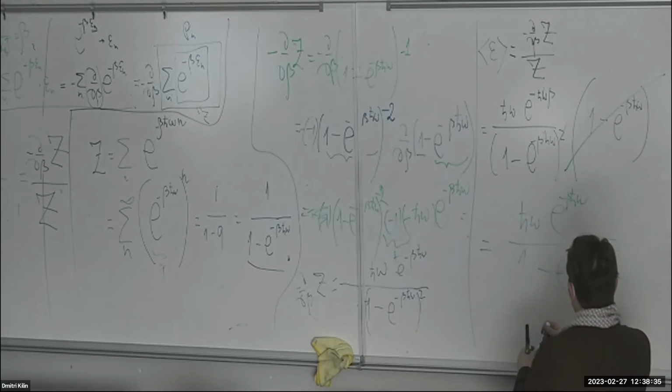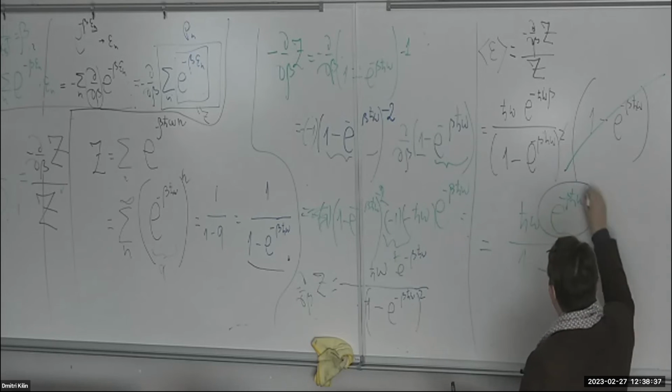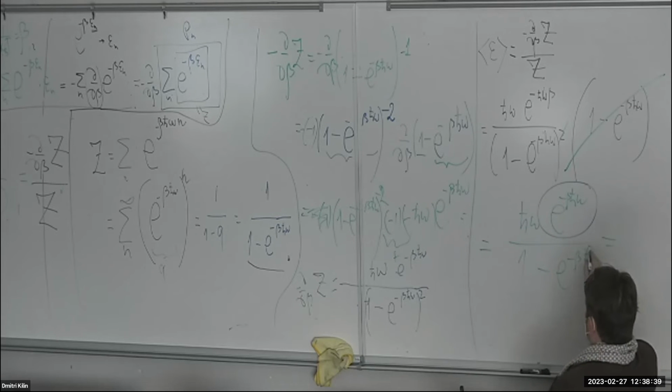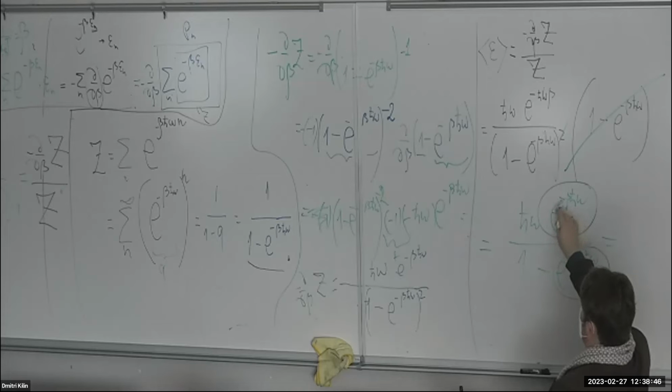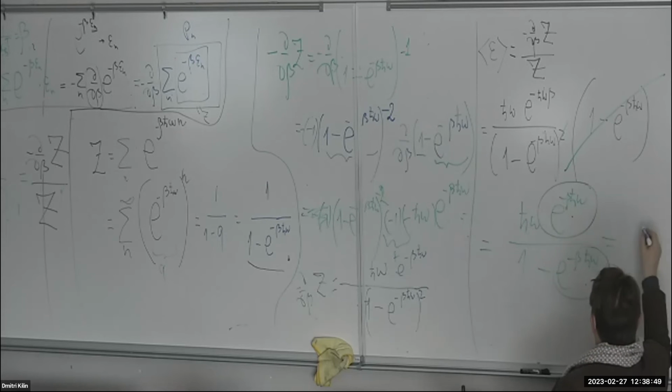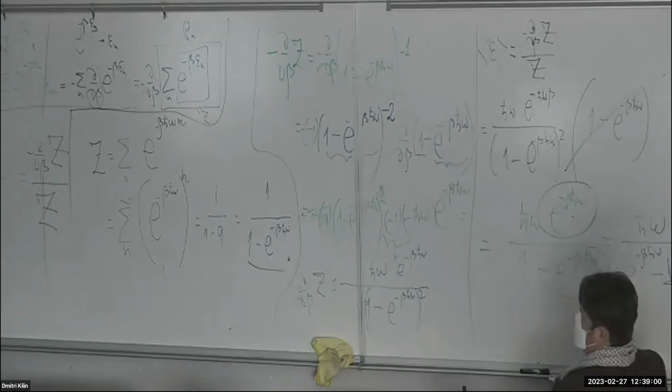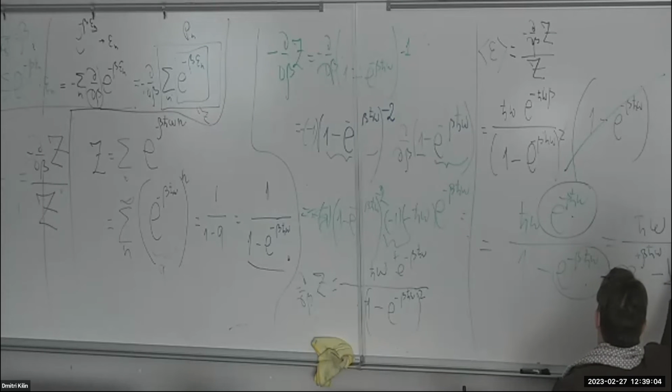So if we divide numerator by this one and divide denominator by this one, then we'll get 1 here, 1 there, and here we will have the same expression with a minus flipped to plus: h bar omega divided by e to the power plus beta h bar omega minus 1. And this is average energy.